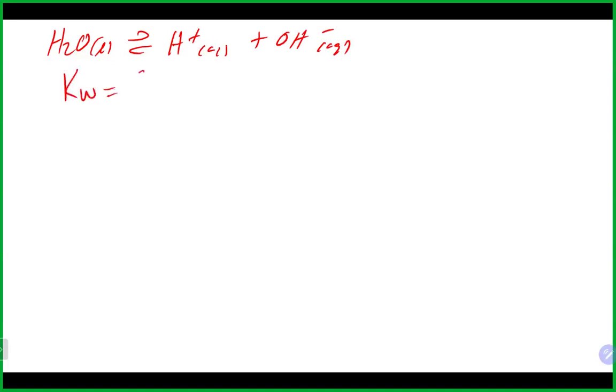That brings us to an important relationship of water making H+ and OH-. This relationship is an equilibrium relationship, and it sets up what is known as Kw, which is the concentration of H+ times the concentration of OH-, and that equals 1 times 10 to the minus 14.